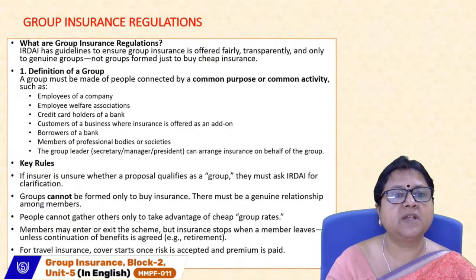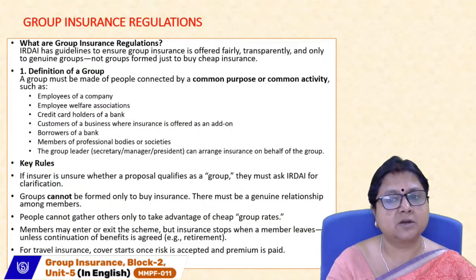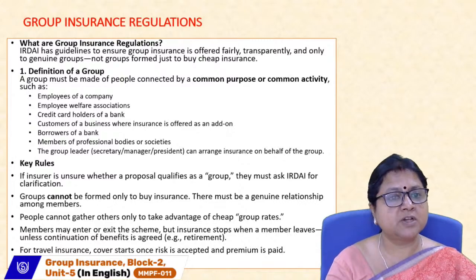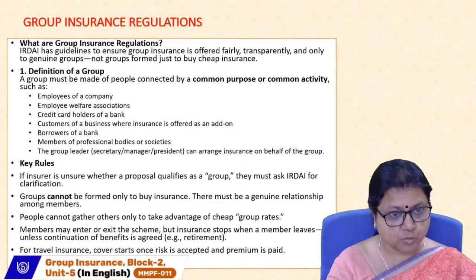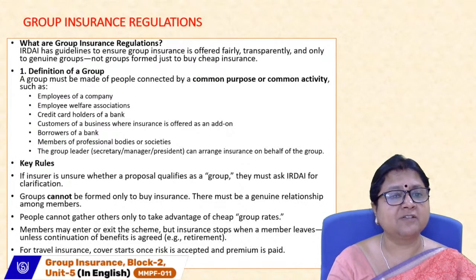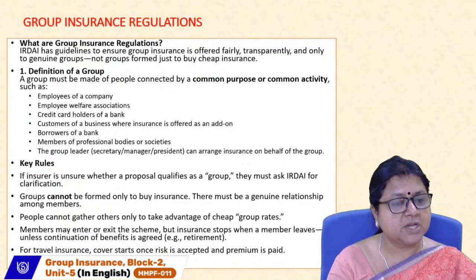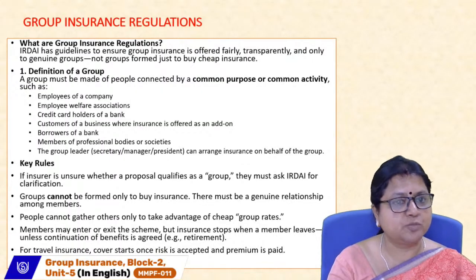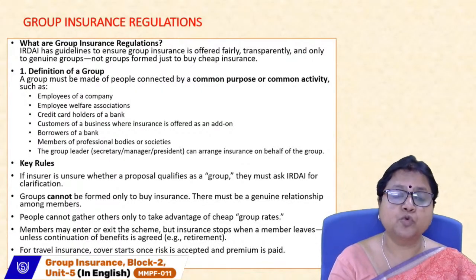A group must be made of people connected by a common purpose or activity or goal. The employees of a company can be a group. The employee welfare association can be a group. The card holders of a bank, the credit card holders. The credit card holders are always more likely to be defaulters. So they can also be the group who can avail the group insurance.